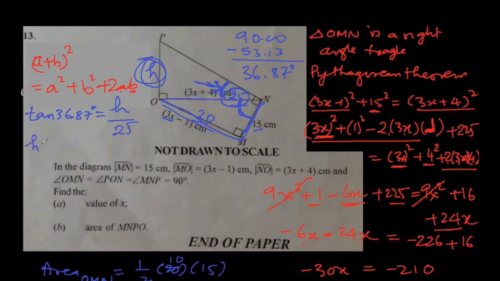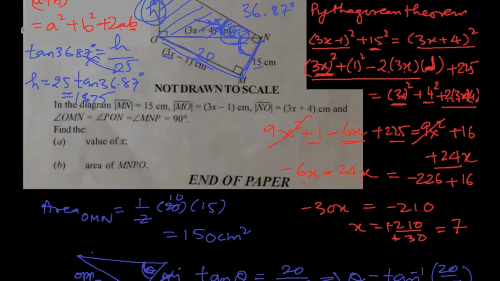So h is 25 multiplied by tan 36.87 by cross multiplication. Let me do that. So I got this as 18.75. This height is 18.75, and now we can find the area of this triangle as well.